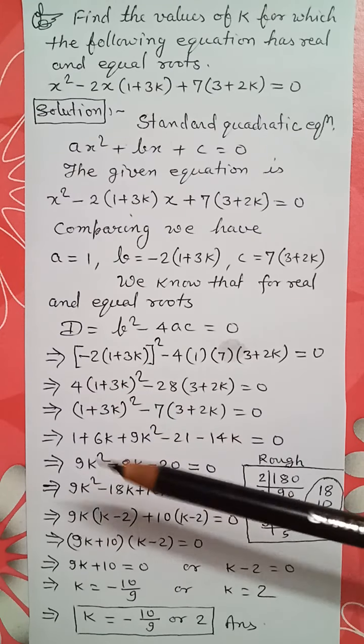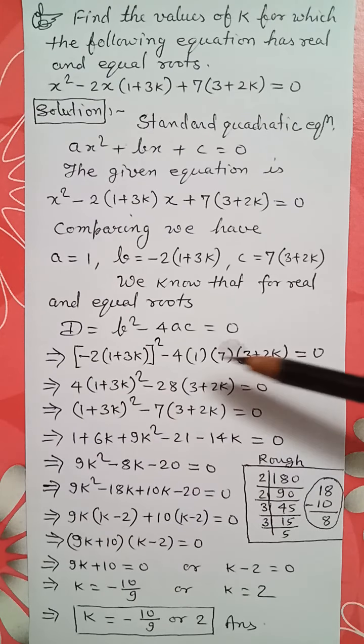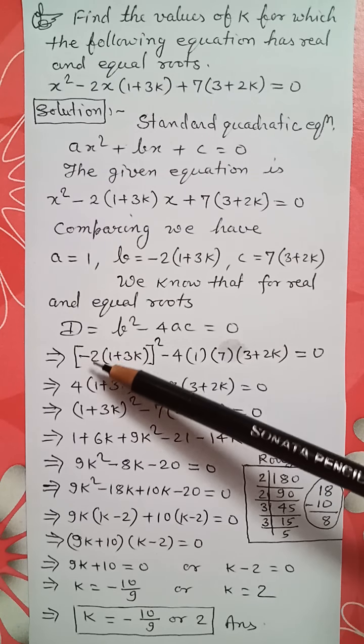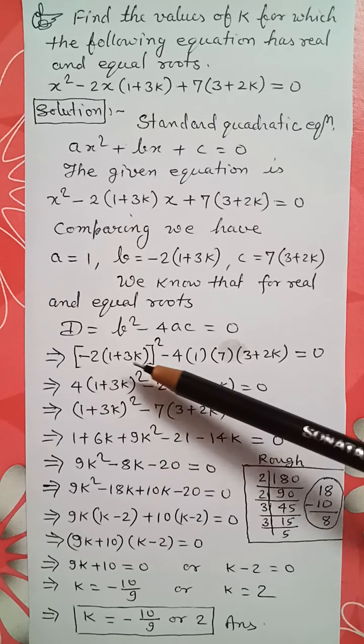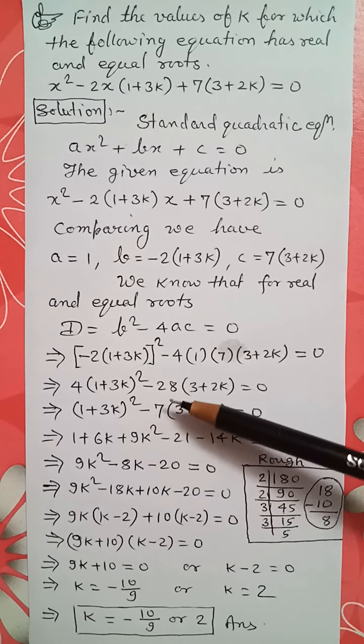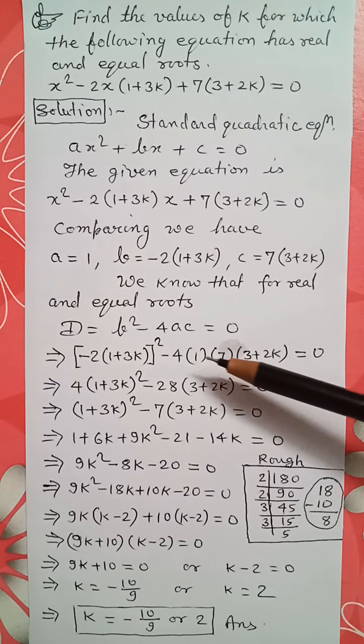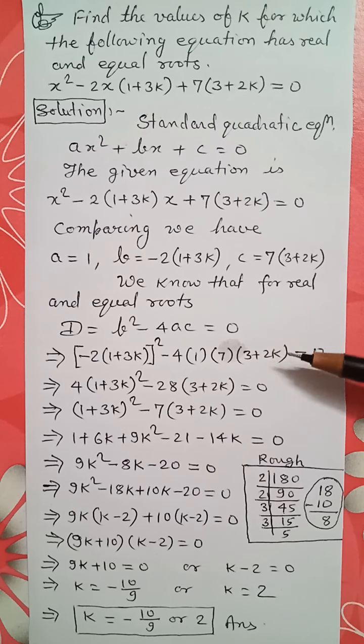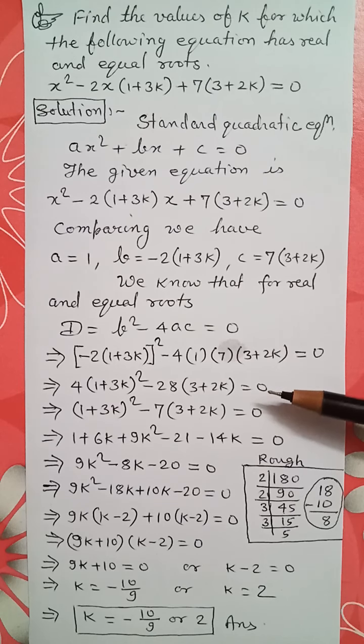Now simplifying this equation, we have minus 2 multiplied by minus 2, that is 4, times (1 plus 3k) squared, minus 4 times 7 is 28, multiplied by (3 plus 2k), this is equal to 0.